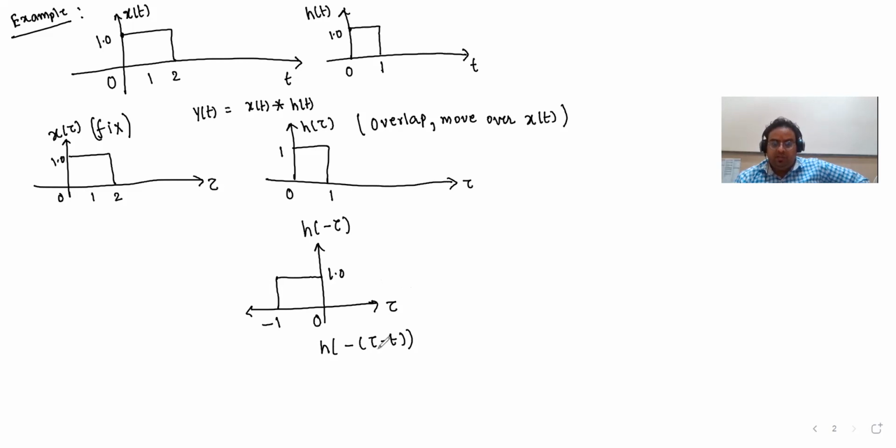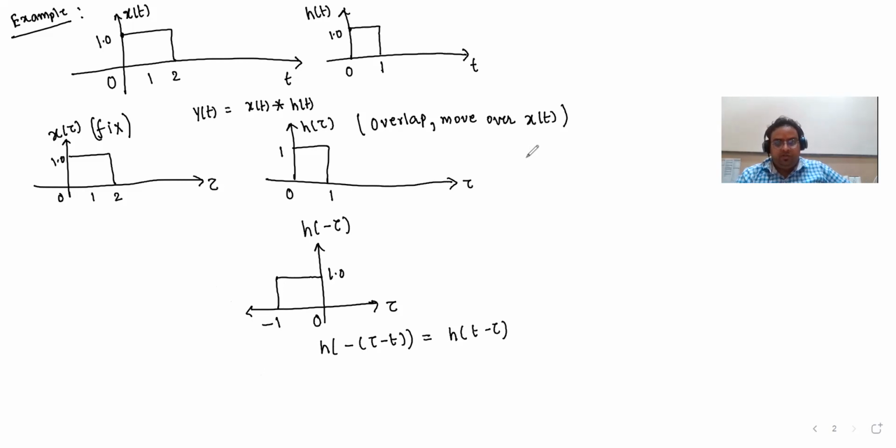So the signal will be shifted, varying from -2 to -3. Okay, so this shifted part is basically h of t minus tau. Now for this we will take different cases.